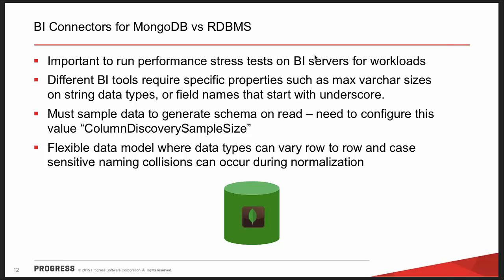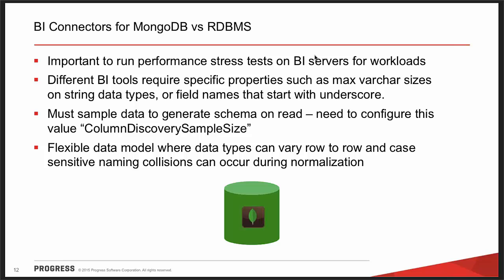You also want to consider, and we'll talk about how it works in a little bit, that when you generate a SQL schema on top of the NoSQL, you need to sample some of that data. So think about how much you want to sample and what that means. A lot of MongoDB professionals have a good idea of what their data looks like, and they usually decide the right value to make sure they're getting reliable data out of MongoDB.